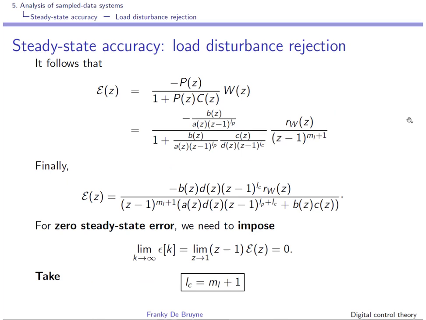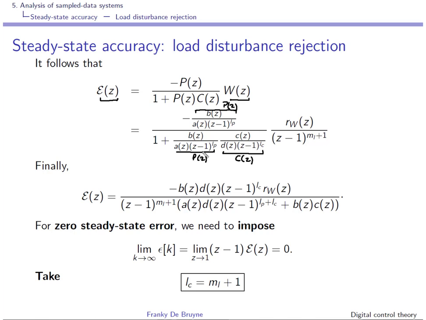Well, the procedure is exactly the same as what we have done for set point tracking. This is the relation between the load disturbance and the control error. This is P of Z. Here we have it again. You have C of Z, so the controller. Remember that LP is something that you have to live with.